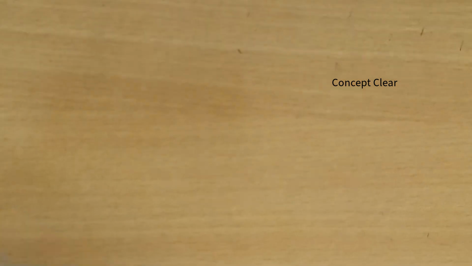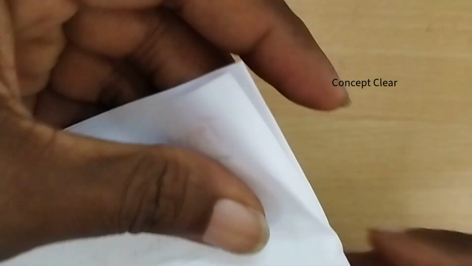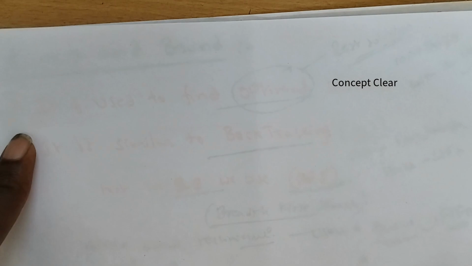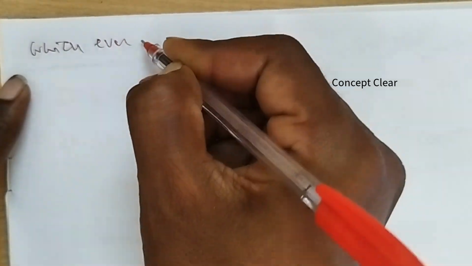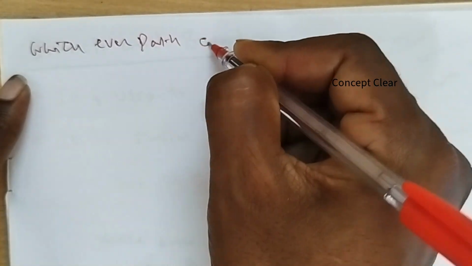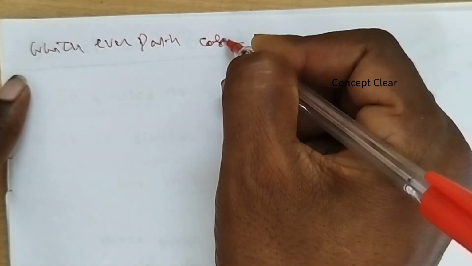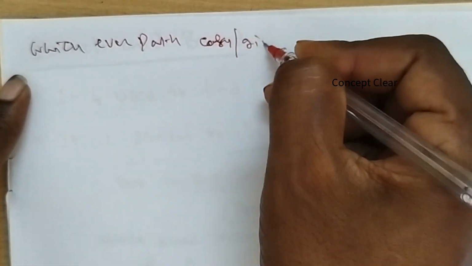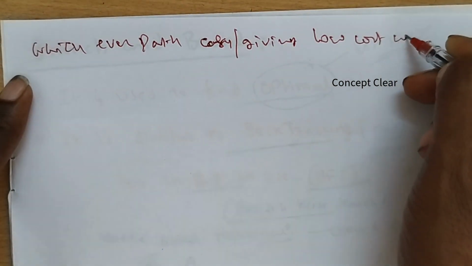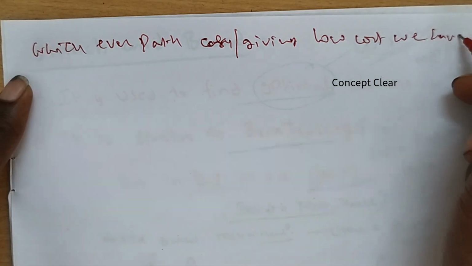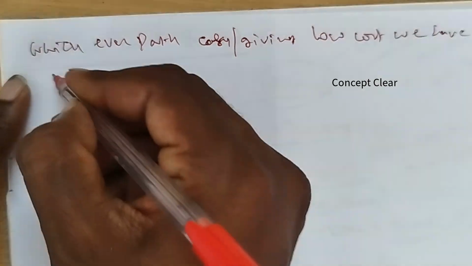Okay, see here. Whichever path is easy or giving low cost, we have to go in that path.